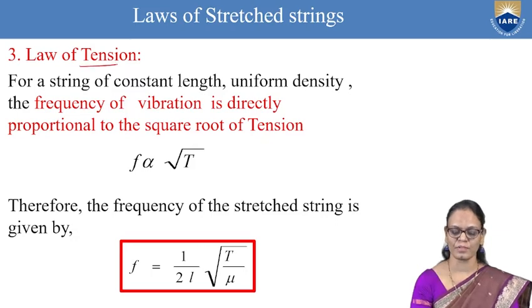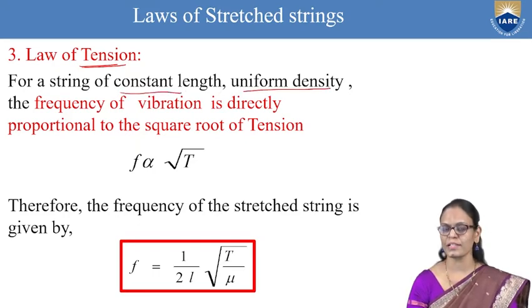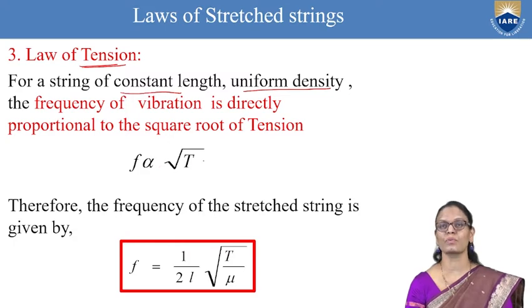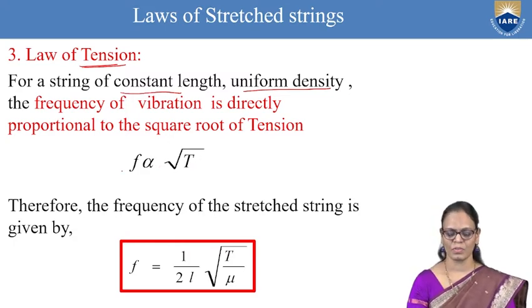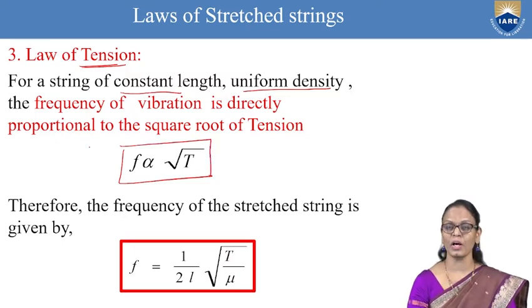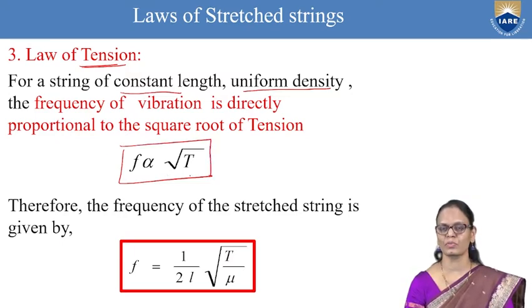Then law of tension. So when we are talking about tension, we'll keep the length constant, uniform density. Then the frequency is directly proportional to the square root of tension. So we have seen three laws. So in this law, it is directly proportional to the square root of tension.